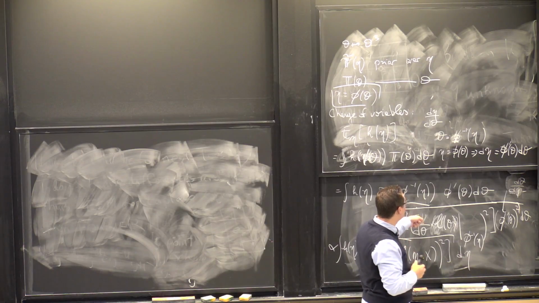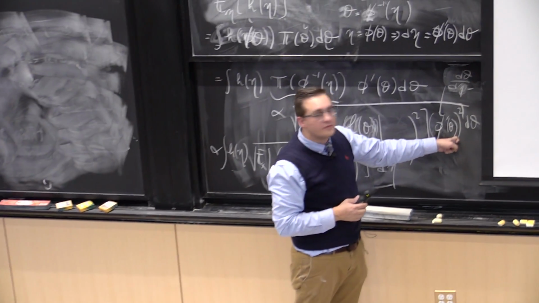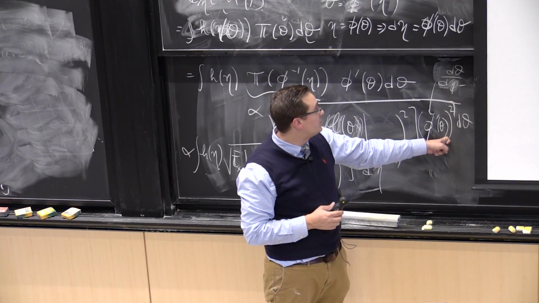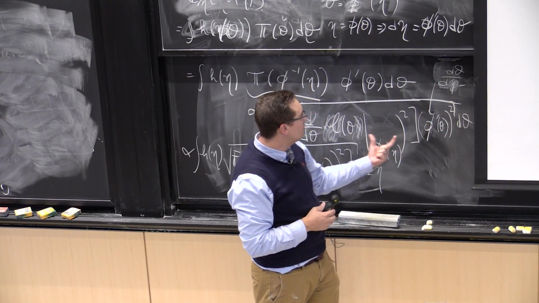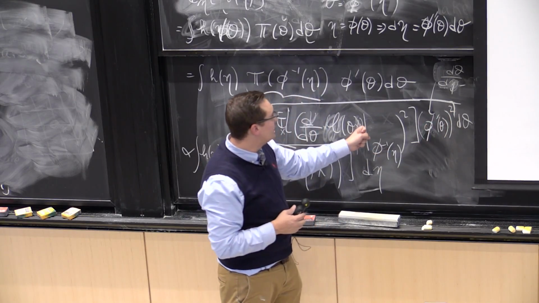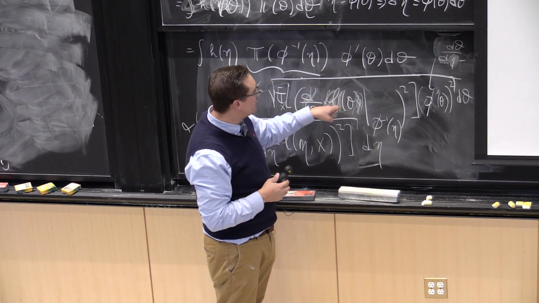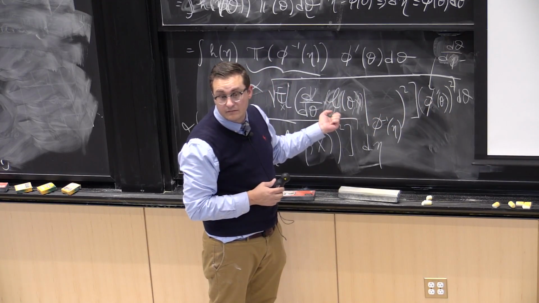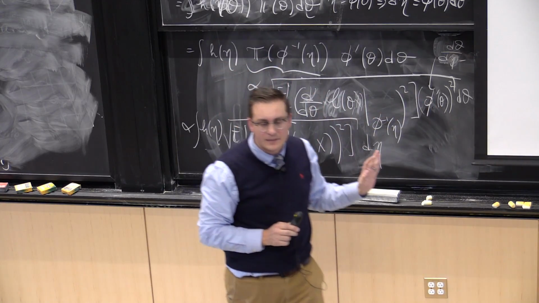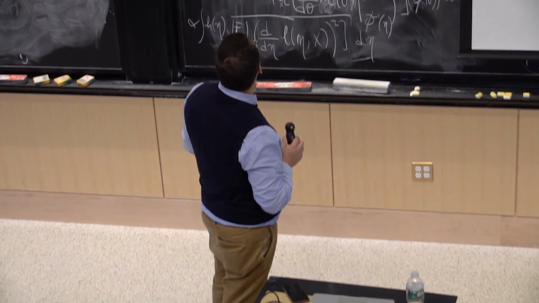You have the square root of a square in there. And then when you do your change of variable, you just pick up a square, and so you just move this thing in there. It goes inside the square, and so your derivative of the log likelihood with respect to theta becomes the derivative of the log likelihood with respect to eta. And that's the only thing that's happening here. I'm just being super sloppy for some reason.